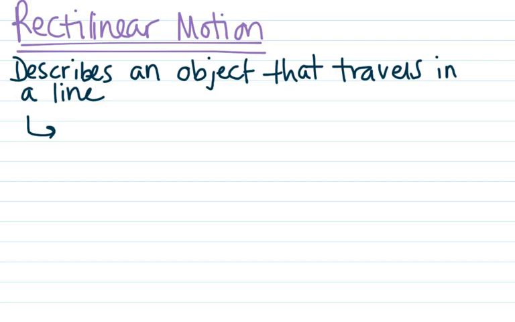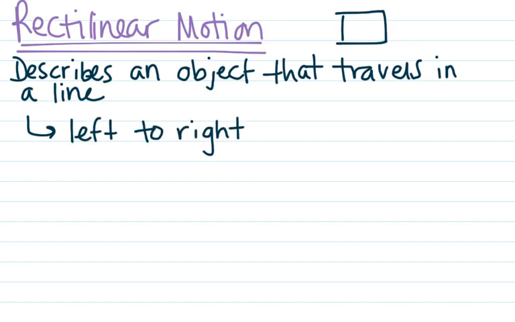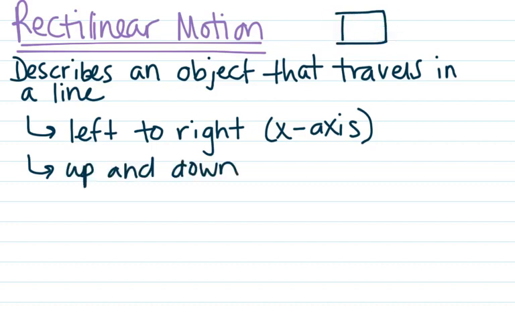Okay, and just like the sides of a little rectangle here, sometimes the sides move left to right, which at times you might hear them describe as moving along the x-axis, similar to a rectangular coordinate plane. And the other parts of a rectangle move up and down, which, if we think of a rectangular coordinate plane, would be going along the y-axis.